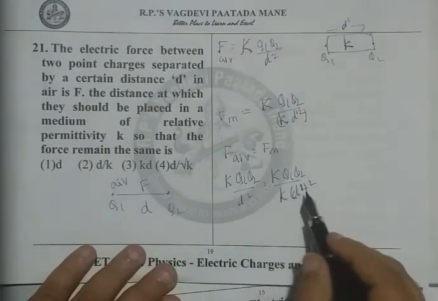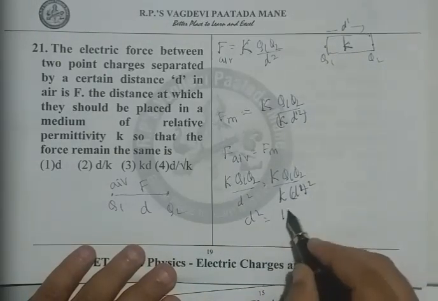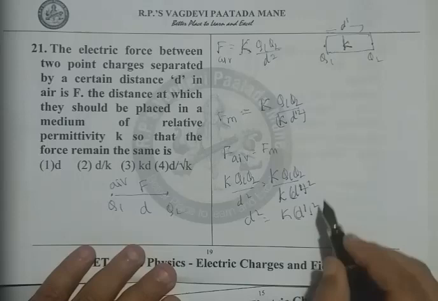Therefore, all other things are same. Now I write D square equals k D dash square.